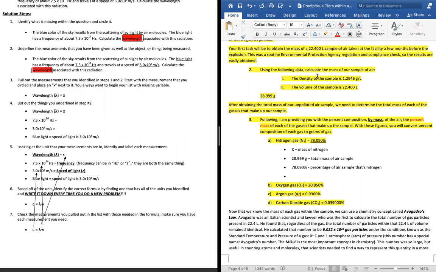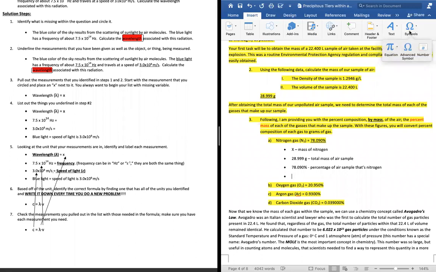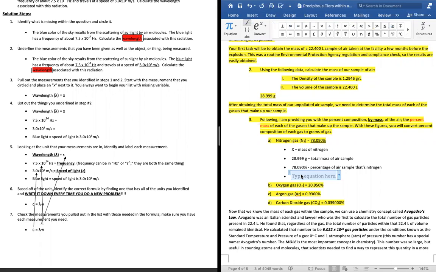So at this point, we just write down our equation. So my equation for a percentage is always the same. It doesn't matter what you're calculating a percent of.